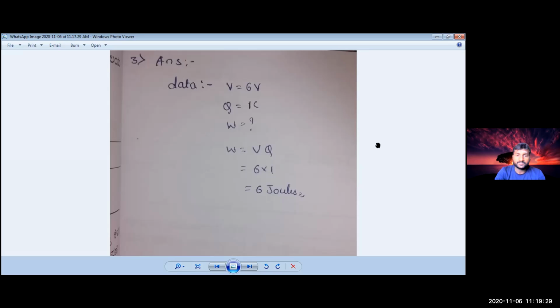He took the formula as W equal to V into Q. Actually the formula is V equal to W by Q. When we are finding some values, you have to interchange the formula. So the potential difference is 6 volt and the quantity of charge is 1 coulomb. Then the final answer is 6 into 1, which is 6 joules. Yes, this is the right answer.